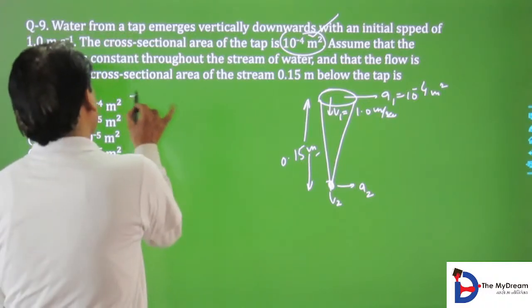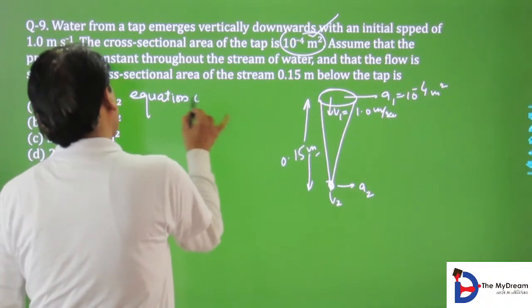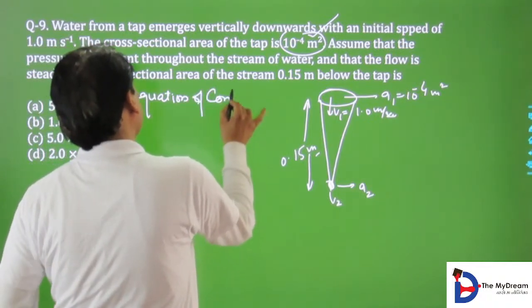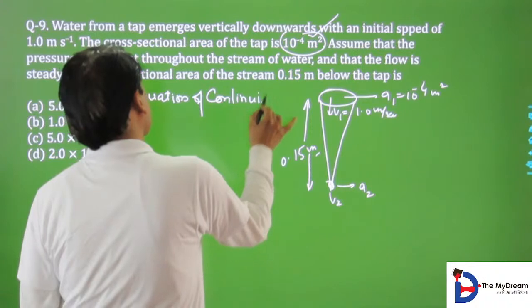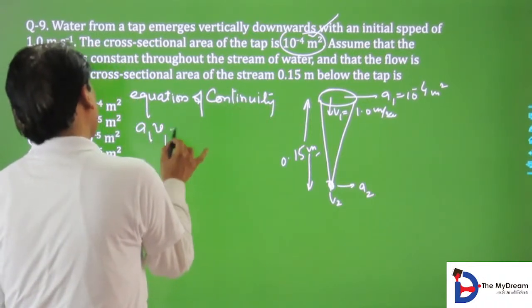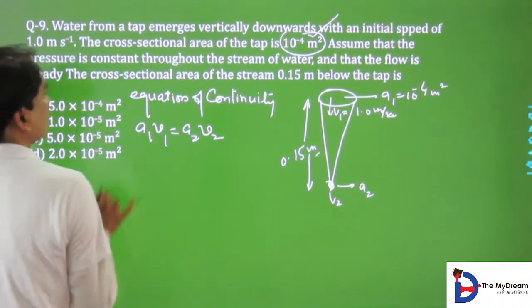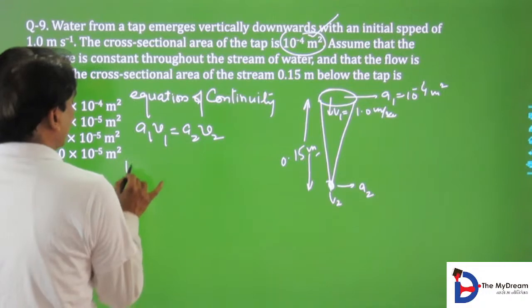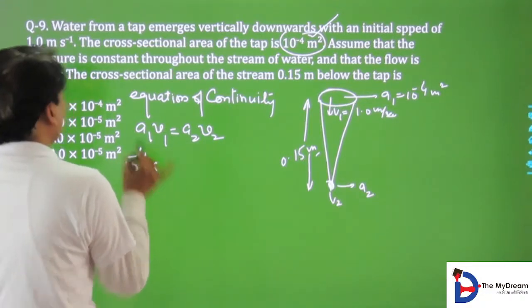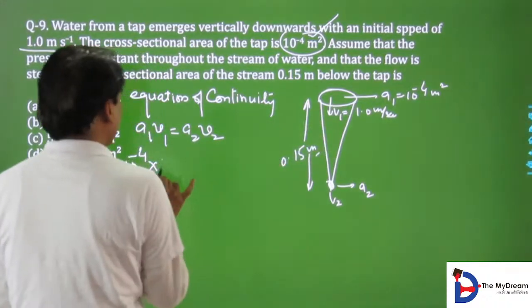So according to the equation of continuity, that is A1 V1 is equal to A2 V2. A1 is 10 raised to the minus 4. At this time, the velocity is V1, that is 1.0.